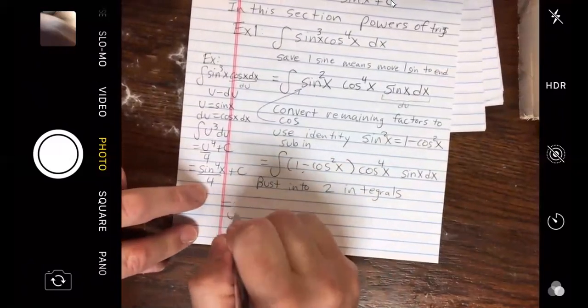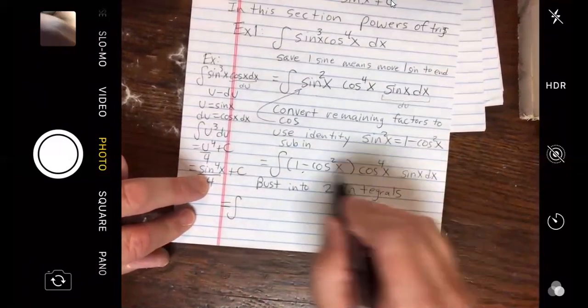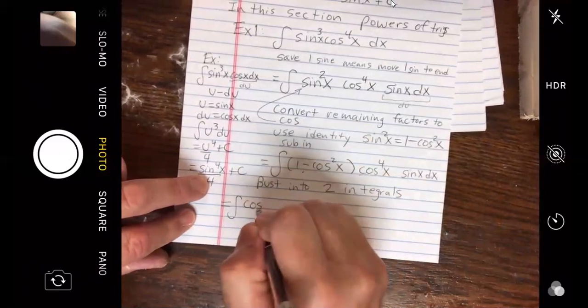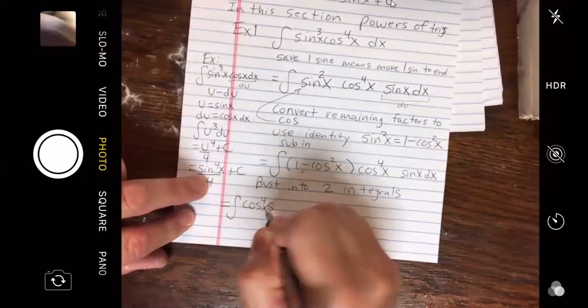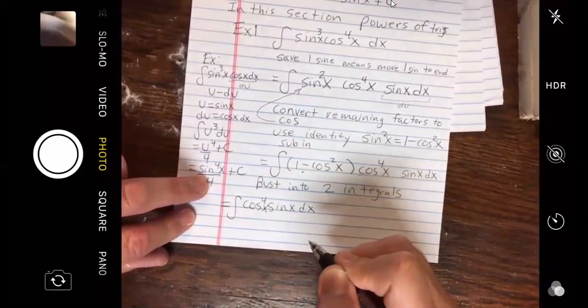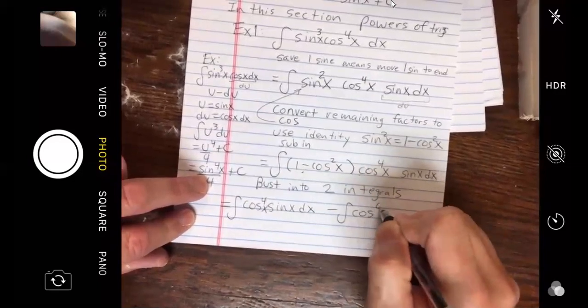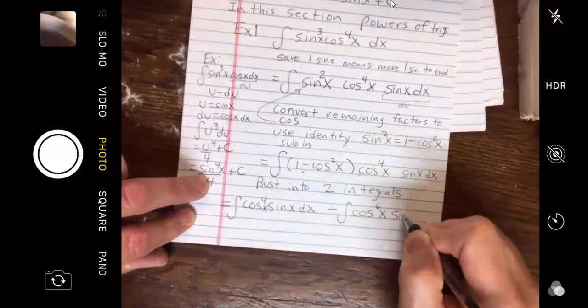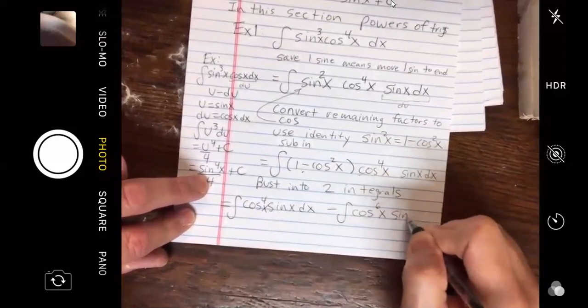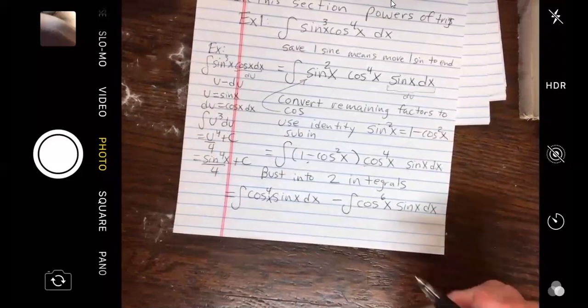So I get, this will be the last line I'll get on this page, the integral, see, when I multiply this by 1, I get cosine to the 4th sine x dx minus the integral of cosine to the 6th x sine x dx. Any questions about that?